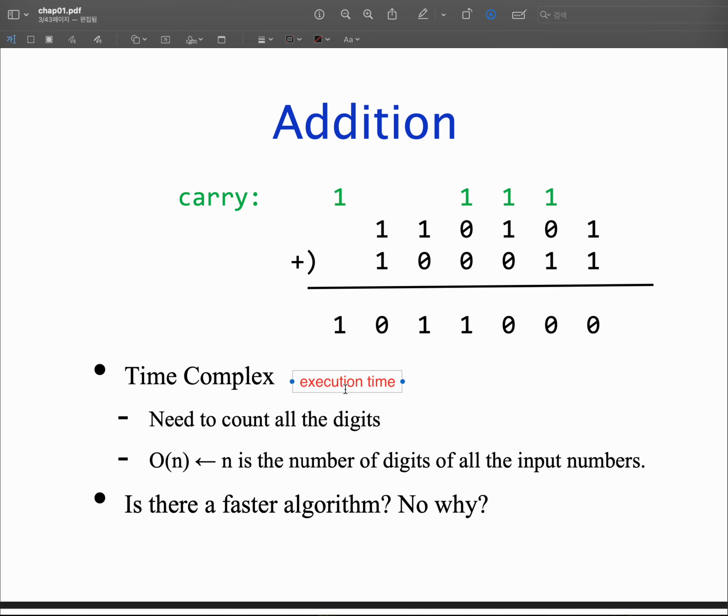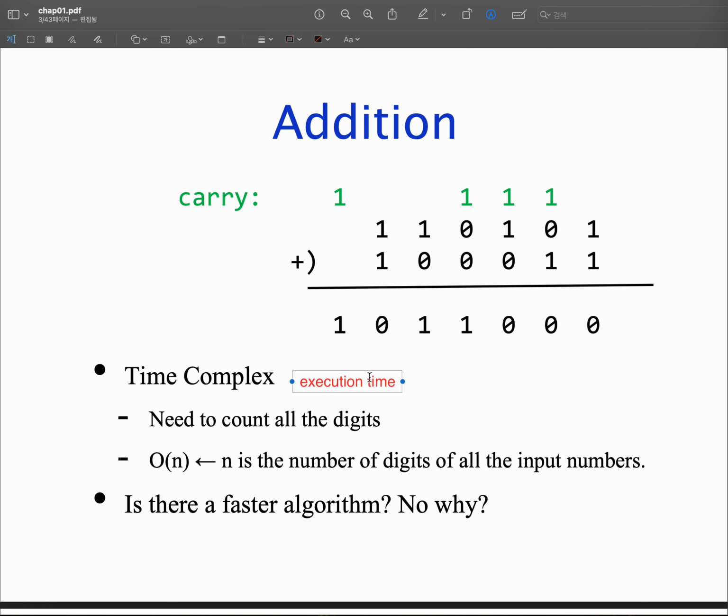We say time complexity because we don't measure the real execution time. We just count each statement for solving the problem, and that is what we call time complexity.